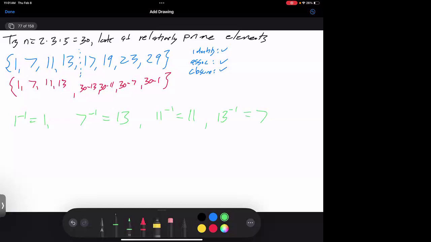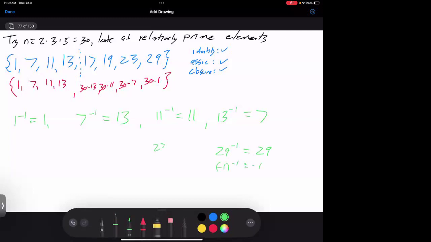So now I need to do the next ones. What would be the inverse of -1? Would just be -1. So 29 inverse is just going to be itself. And you should really view this as -1 inverse is -1.